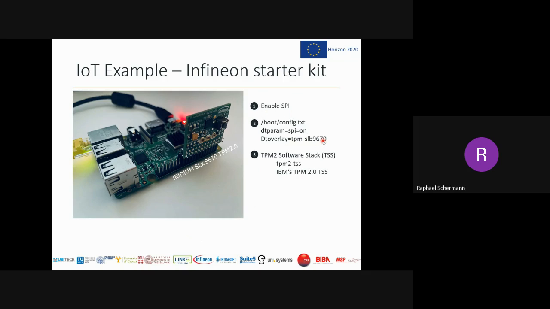And one good thing on the TPM, it's not rocket science anymore, because there are some software stacks available. The first is the TPM2 TSS, and the second one that we are using in Rainbow is the IBM TPM 2.0 TSS.